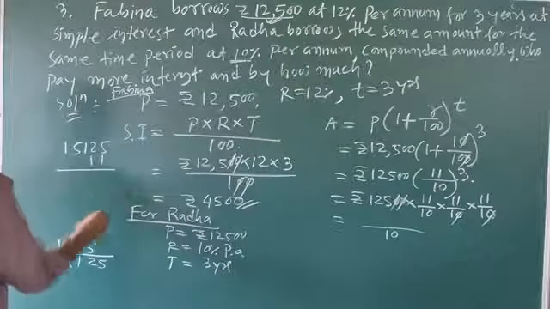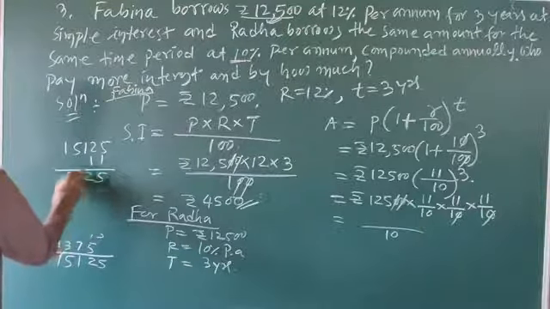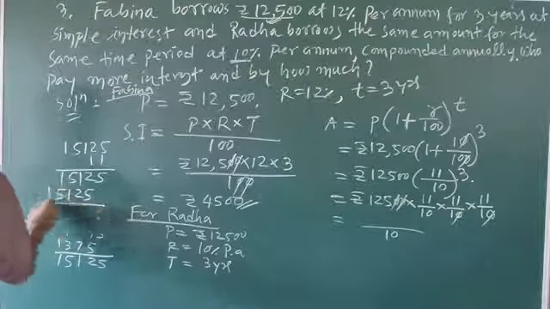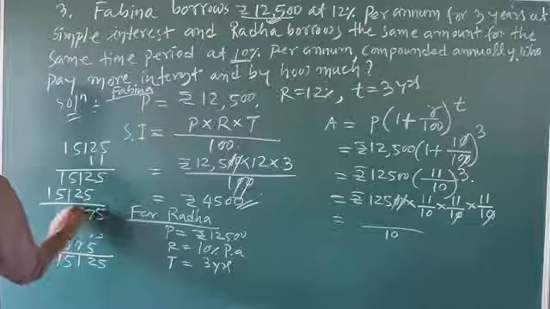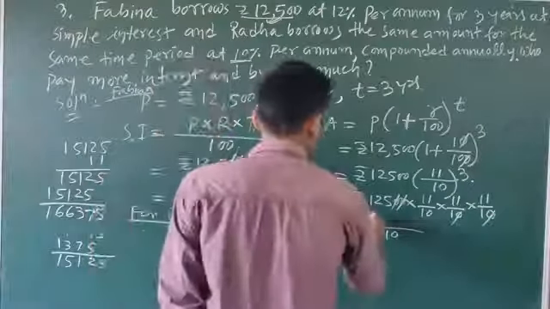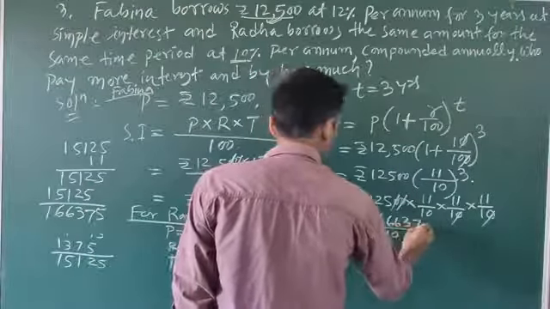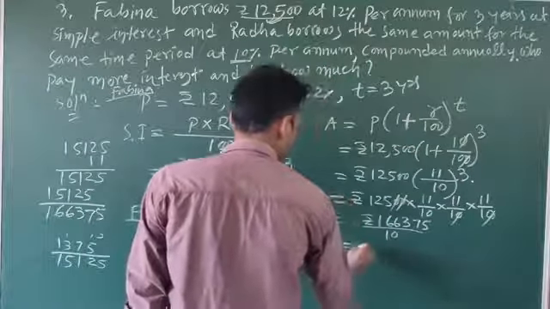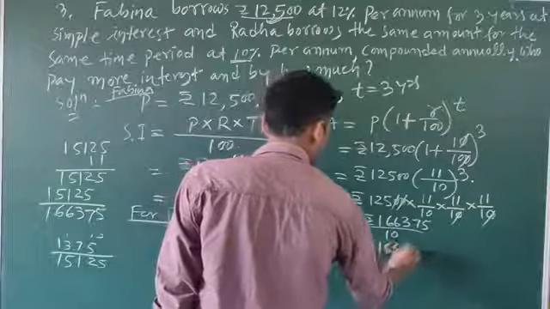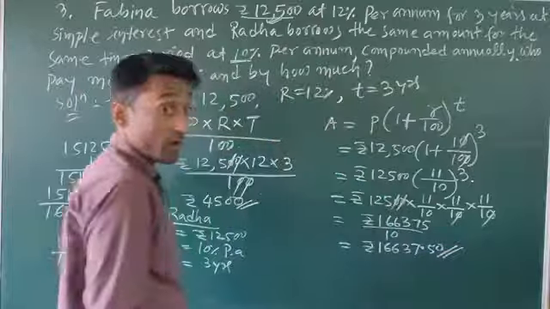Again you multiply by the last 11, and how much do we get? 166375. If you divide by 10, then you will get 1 decimal. 16637.50. This is your amount.